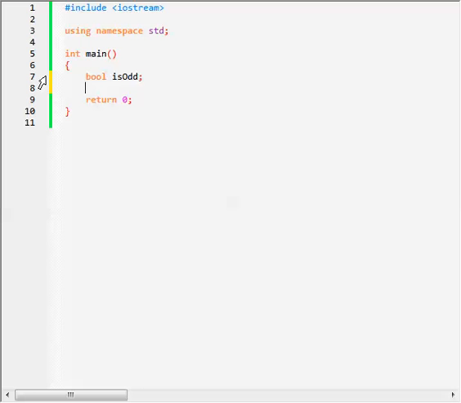So if something is odd, actually let's say bool is even. If something is even, it cannot be prime. So let's say bool prime equals the not is even. Actually, this doesn't work. No.